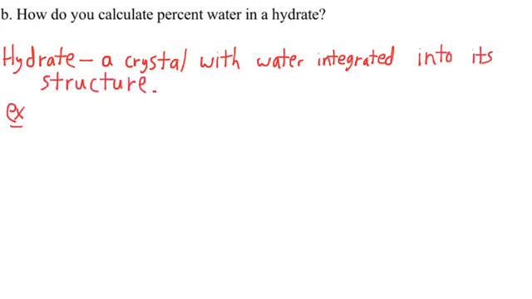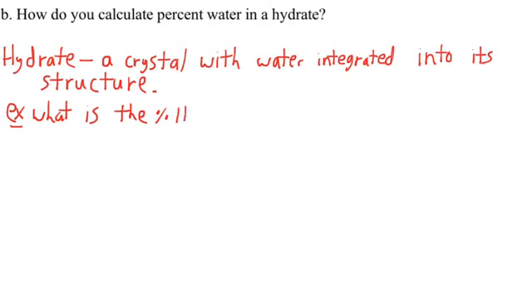That means it has a metal and a non-metal that are ions that stick to each other because one's positive and one's negative. And it has the water actually integrated into its structure, bonded there. And so the amount of water in a particular hydrate is always set. It's a ratio. So you can find percent of water in there.